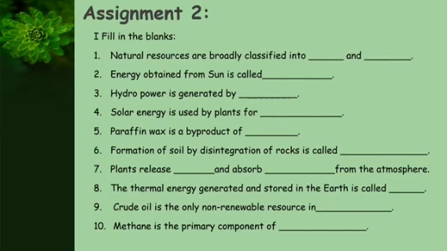Plants release dash and absorb dash from the atmosphere. The thermal energy generated and stored in the earth is called dash. Crude oil is the only non-renewable resource in dash. Methane is the primary component of dash. You need to fill the blank.